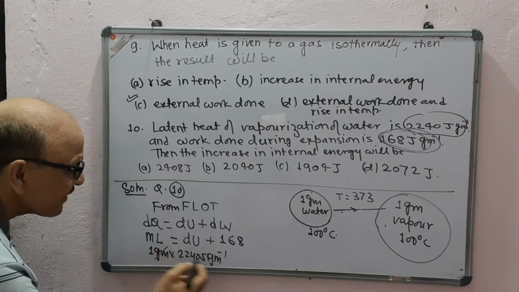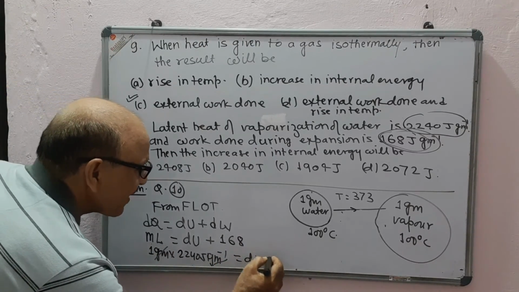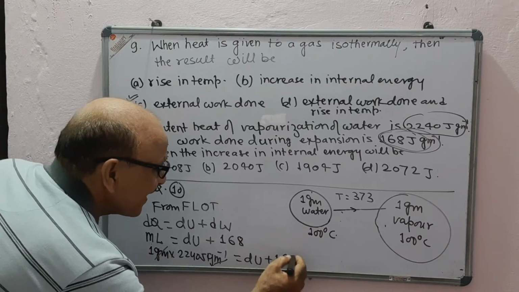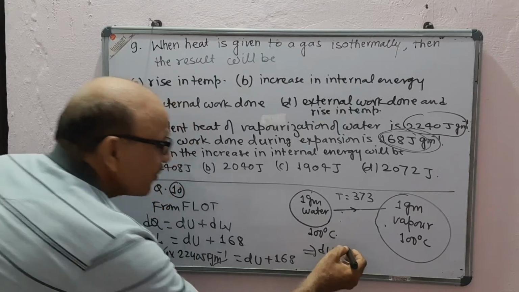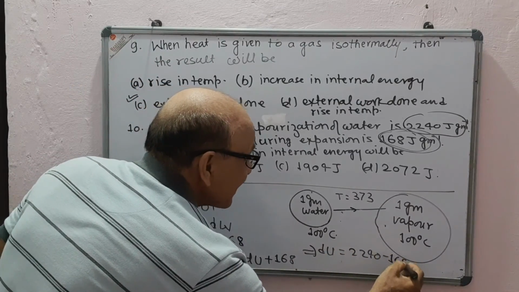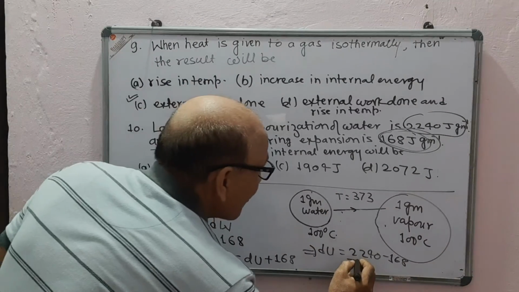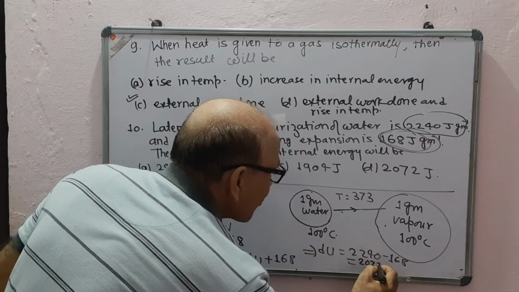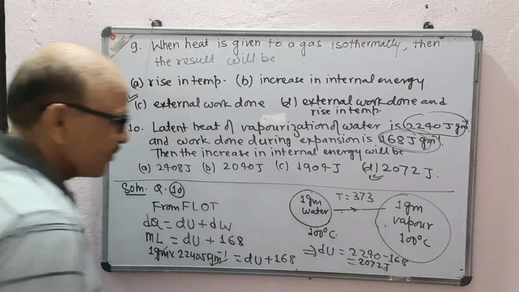So gram and per gram cancel, which equals dU plus 168. This gives dU equal to 2240 minus 168, which is 2072 joule. Therefore the correct answer will be the option with 2072 joule.